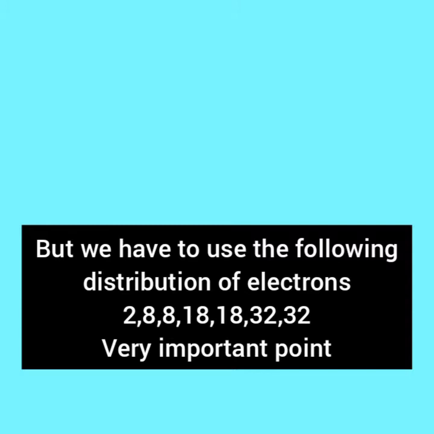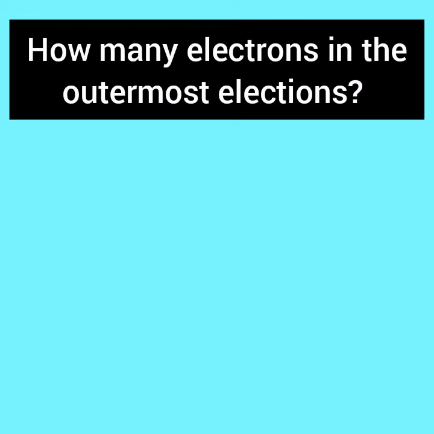We only need this electronic arrangement because in our syllabus we are not going too far for the electronic arrangements, maybe only up to the first 20 elements. I have told you all our study will now be concentrating on the outermost electrons number.